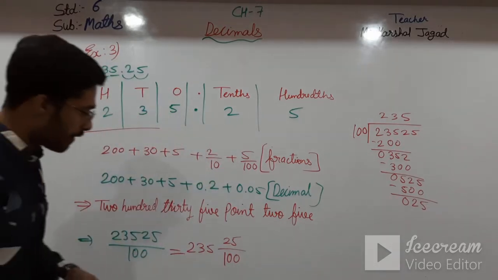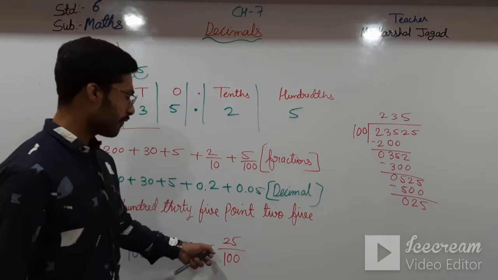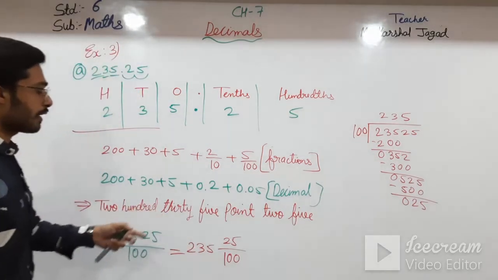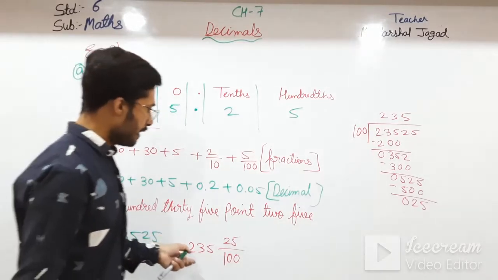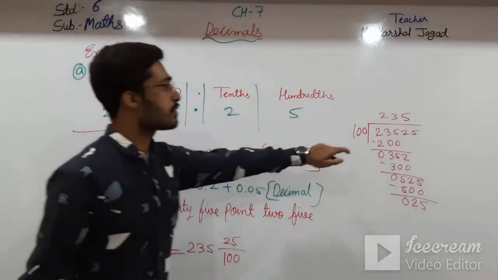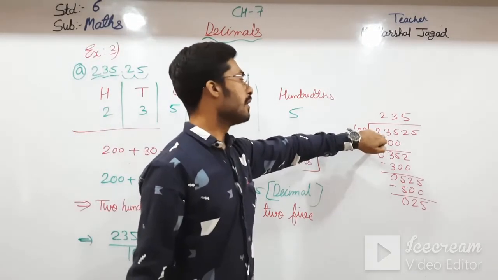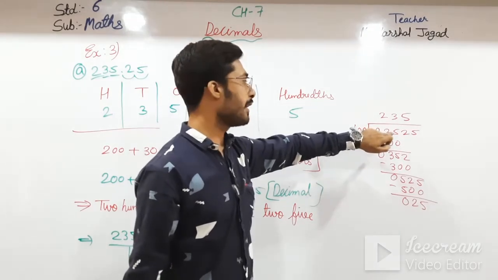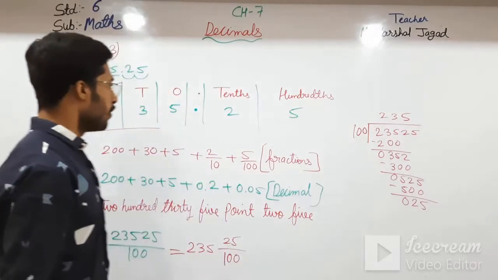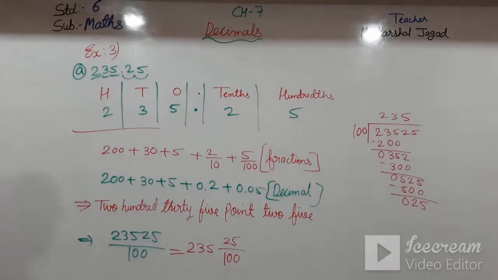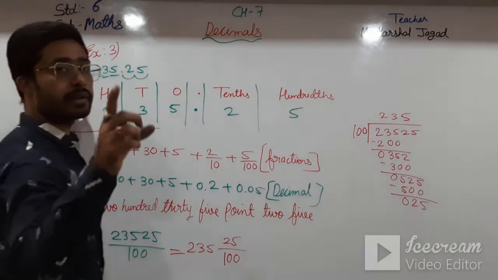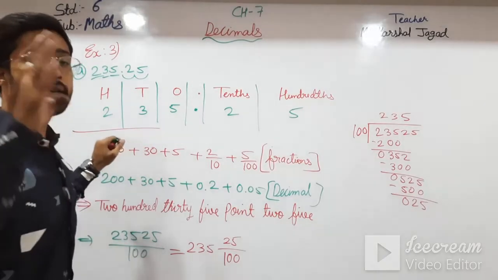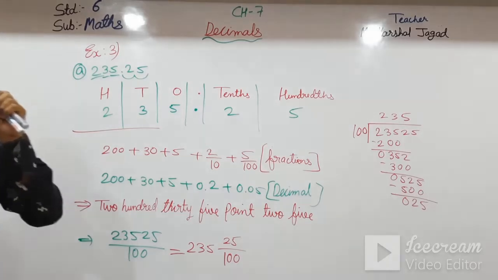So 100 into 235 is 23,500, plus 25 is 23,525. Okay students, so please note this down. I have done this for example number 3 only. A, B, C and D you have to do in your homework.